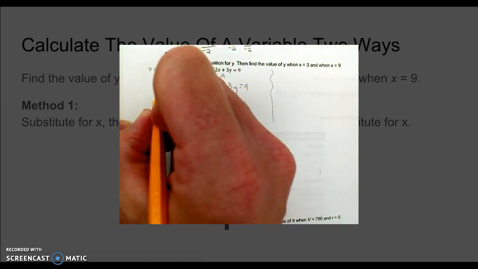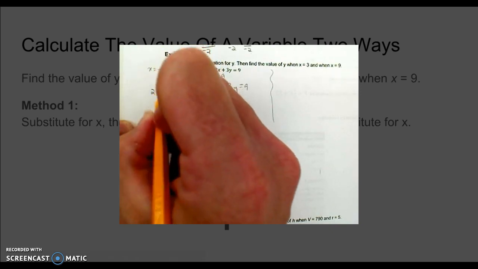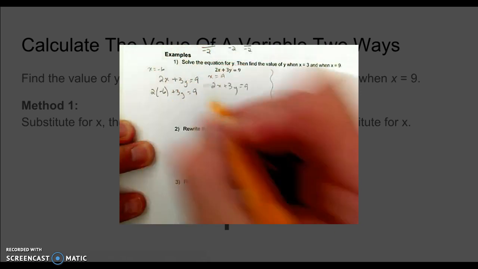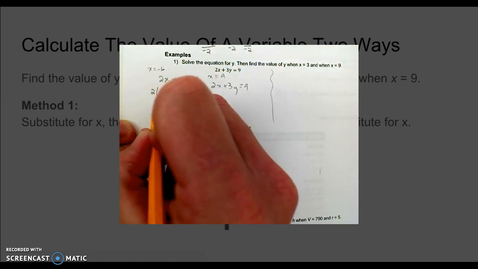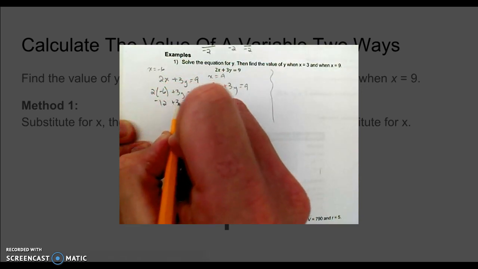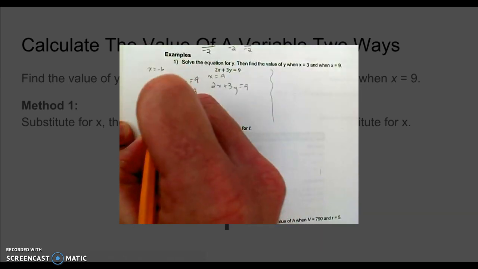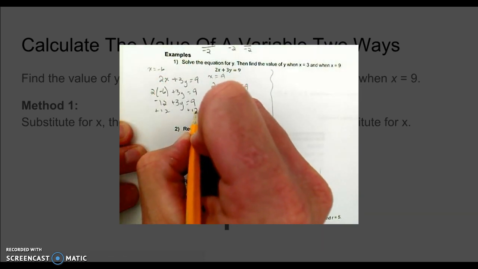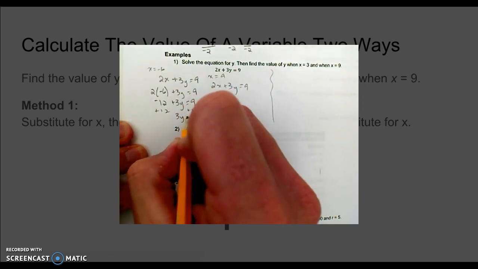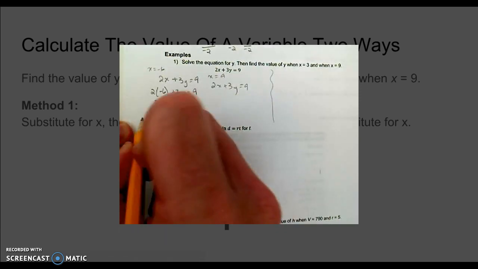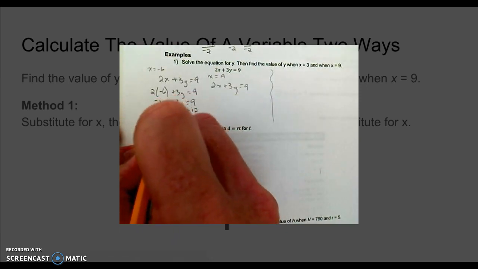So let's walk through the steps. 2 times x, well, x is negative 6, plus 3 times y equals 9. Simplifying, I have negative 12 plus 3y equals 9. Add 12 to both sides. 3y equals 21. Divide by 3, and y is equal to 7.